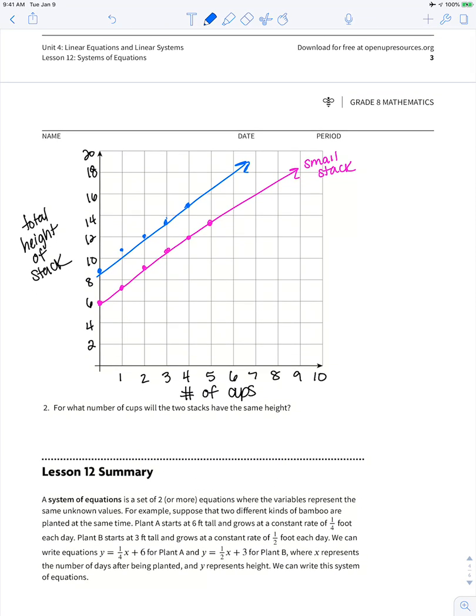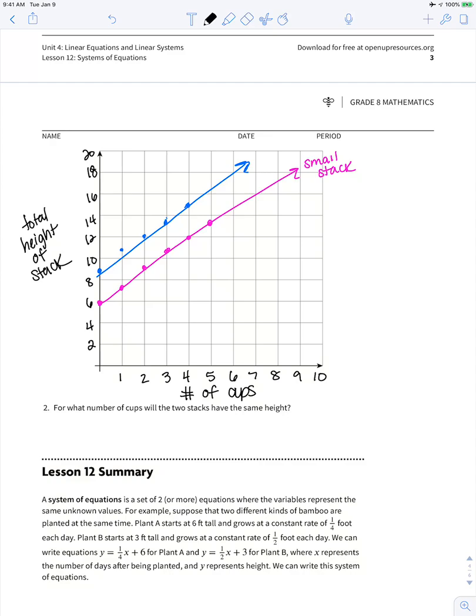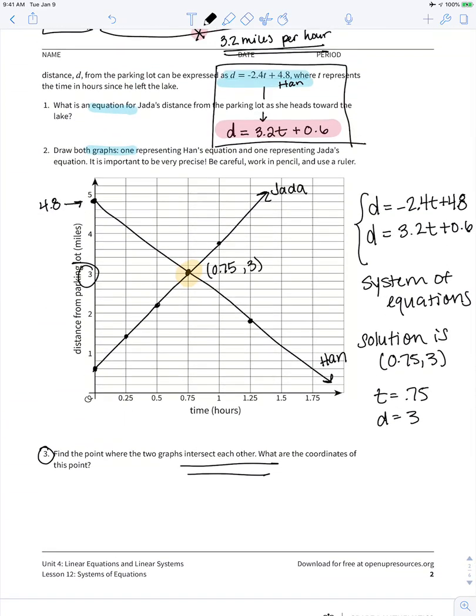For what number of cups will the 2 stacks have the same height? Well, that's never going to happen. The reason being is because they never intersect, right? The lines are parallel. If we go back to the second activity, where the lines intersect is your solution.